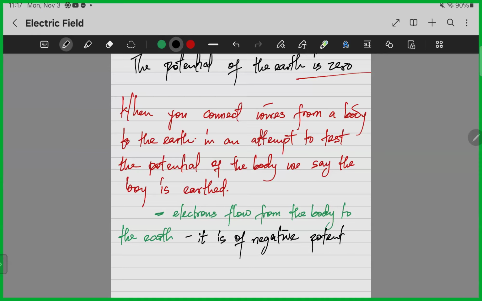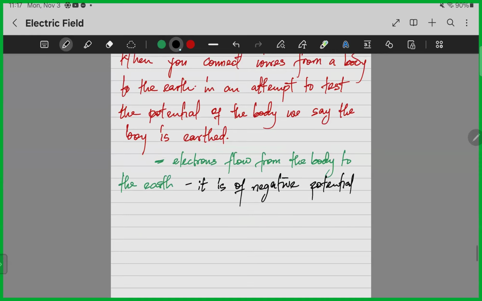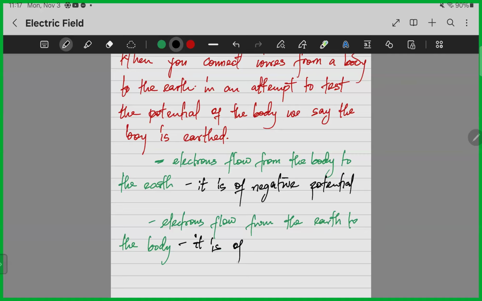But in the other case, if electrons flow from the earth to the body, it is of positive potential. Take note of that.